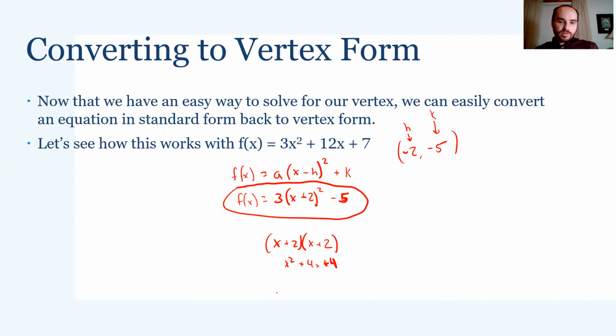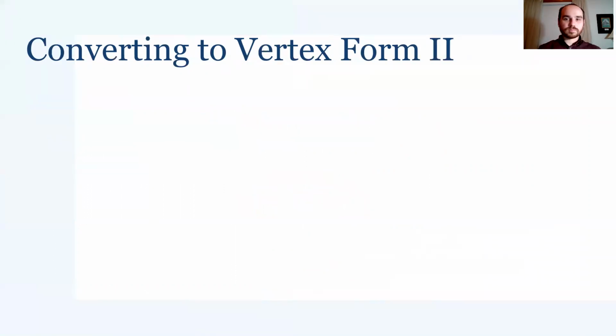So we have 3 times x squared plus 4x plus 4 minus 5. Oops, plus 4, getting ahead of myself. So if we distribute that out, we have 3x squared plus 12x plus 12 minus 5. 12 minus 5 is 7, so we get 3x squared plus 12x plus 7. And that is, in fact, our original equation. So we know that we got our answer right.